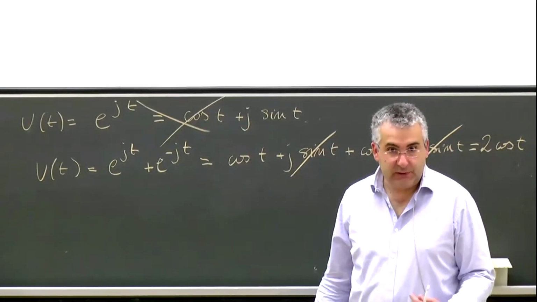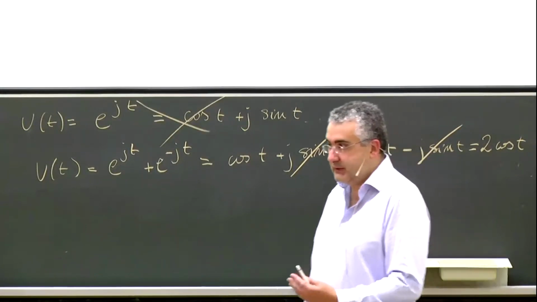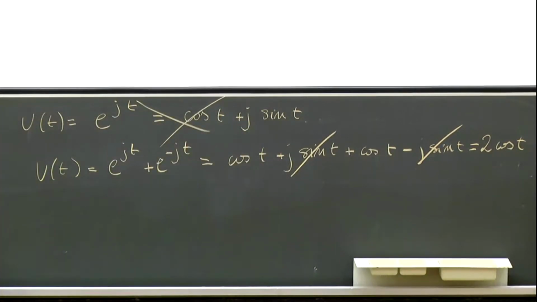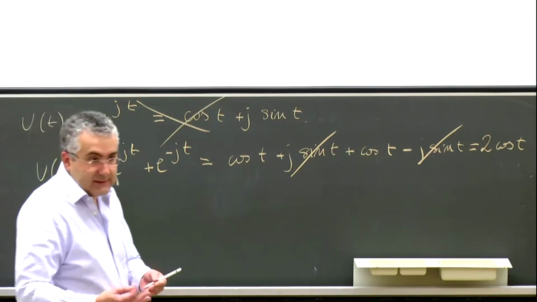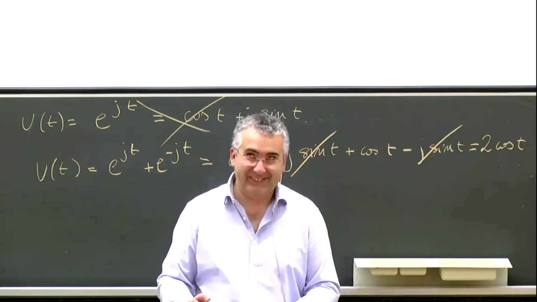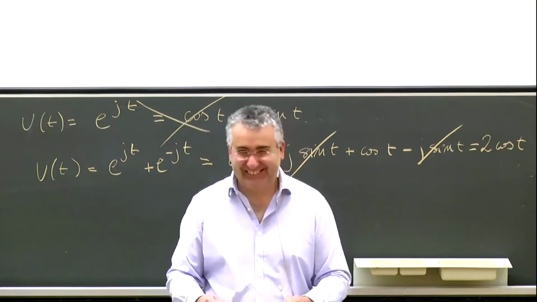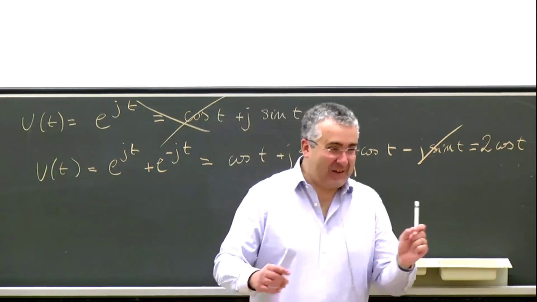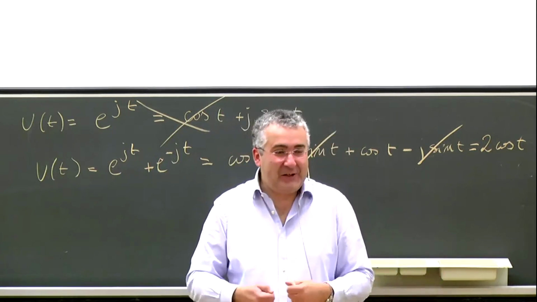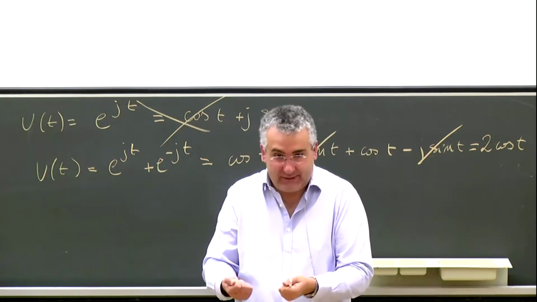So choosing these exponential inputs is a mathematical construct that is great because it allows me to write a whole bunch of very useful formulas. But if S is a complex number which actually has an imaginary part, then I cannot generate that input physically, okay?